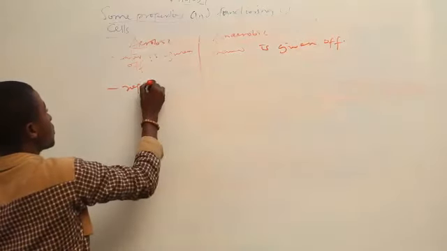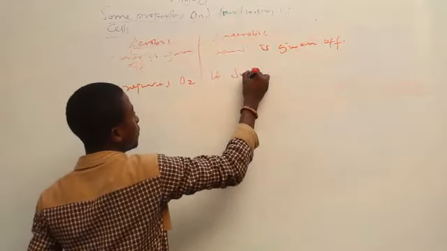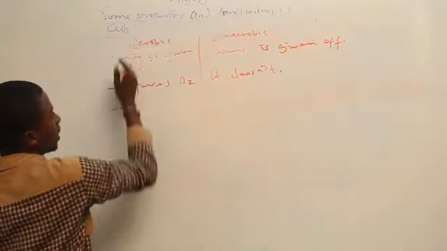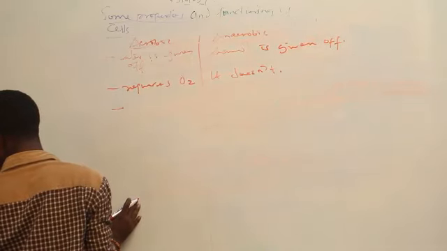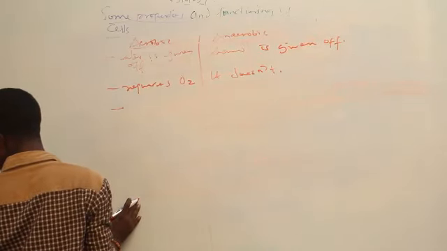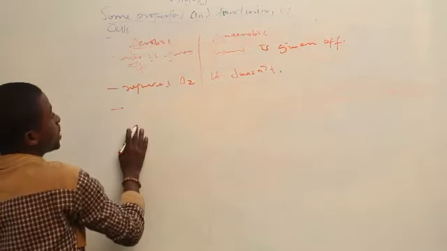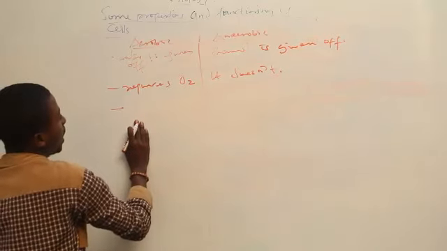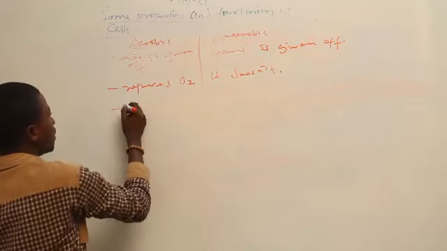Aerobic respiration requires oxygen. Anaerobic respiration doesn't require it. One major product of aerobic respiration is water and carbon dioxide. Don't forget C6H12O6 when you break it down.